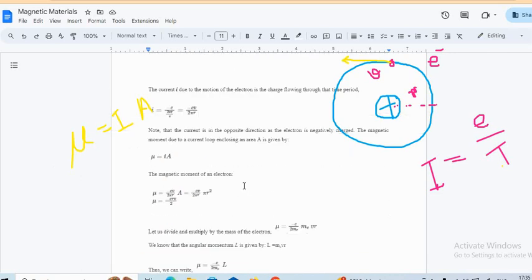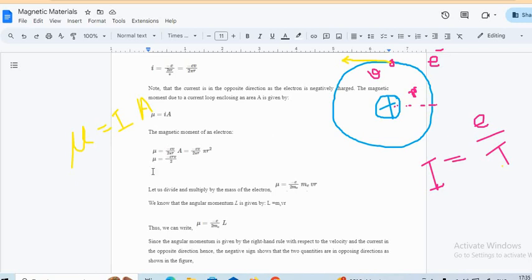If you rearrange this, you will get an expression something like e r v divided by 2. Now you have v into r, which can be multiplied with m, the mass of the electron, in both denominator and numerator. So you have a new quantity, m v r, which is the angular momentum of the system. It's a rotational system, so obviously the angular momentum plays a very important role.